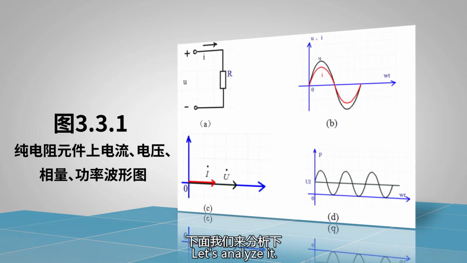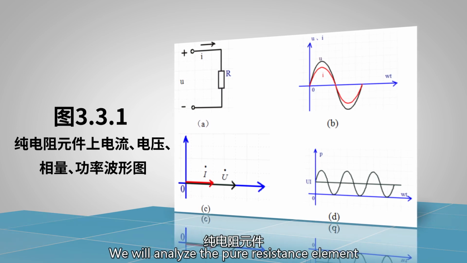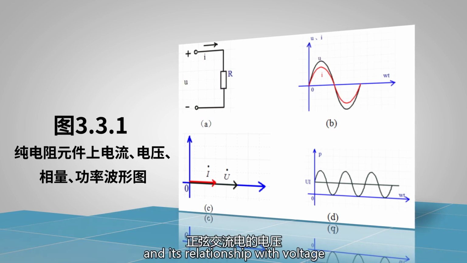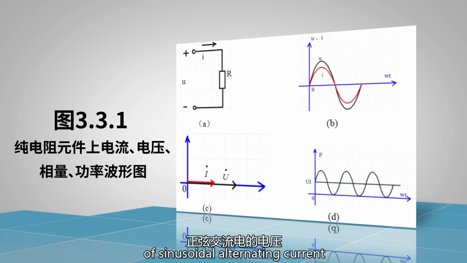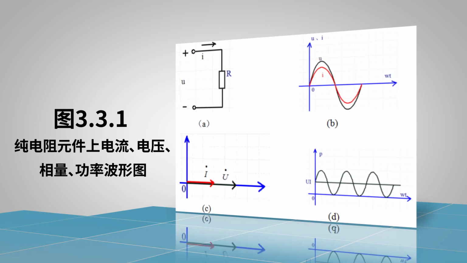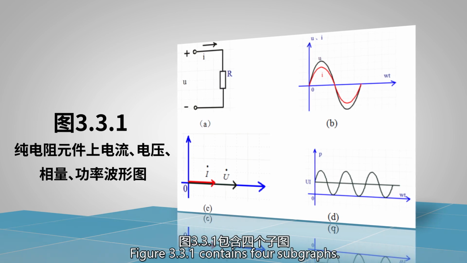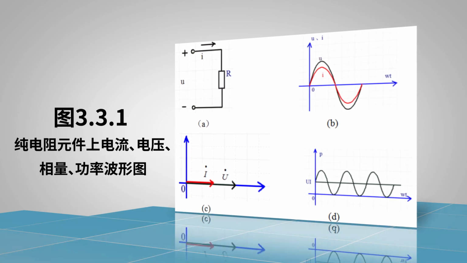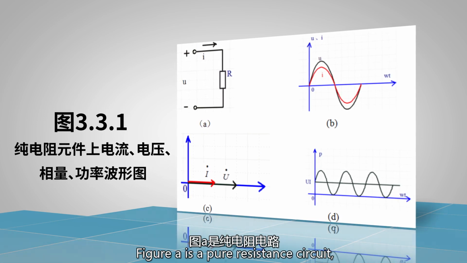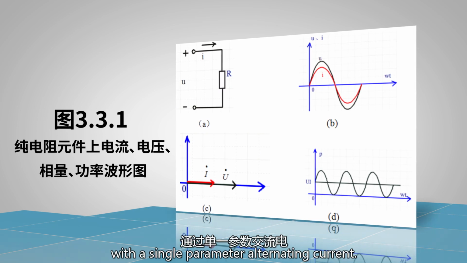Let's analyze it. We will analyze the pure resistance element with a single parameter and its relationship with the voltage and current of sinusoidal alternating current. Figure 3.3.1 contains 4 subgraphs. Figure A is a pure resistance circuit with a single parameter alternating current.